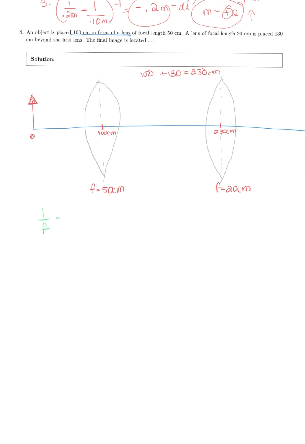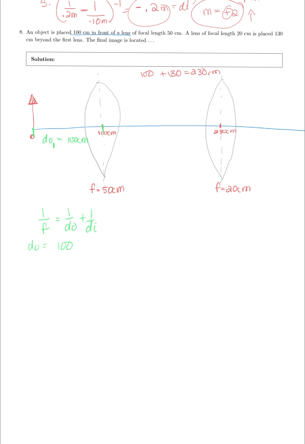We can say 1 over F equals 1 over DO plus 1 over DI. So we know that DO is 100 centimeters because he's 100 centimeters from the center of the lens. So DO1 equals 100 centimeters.